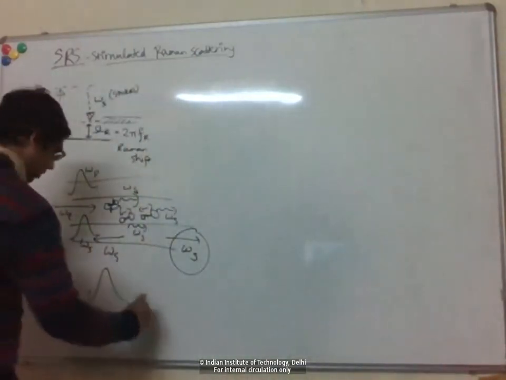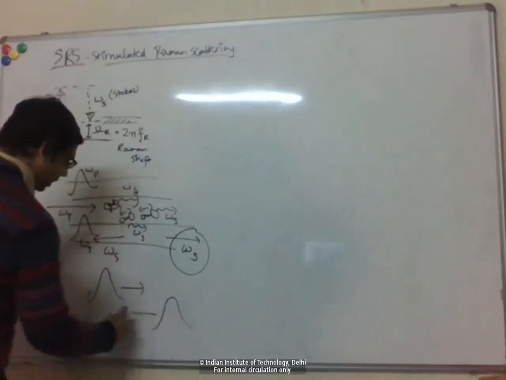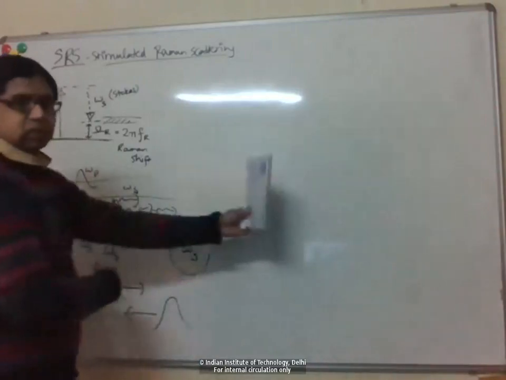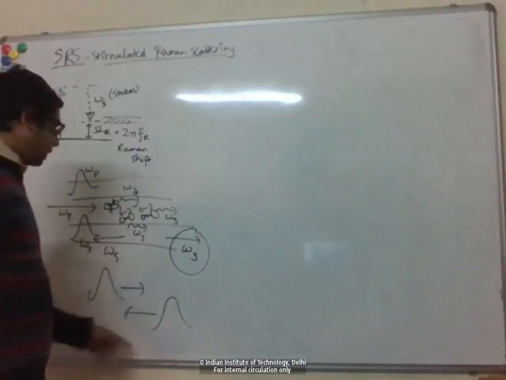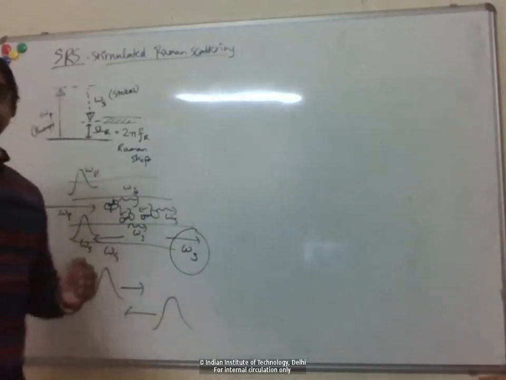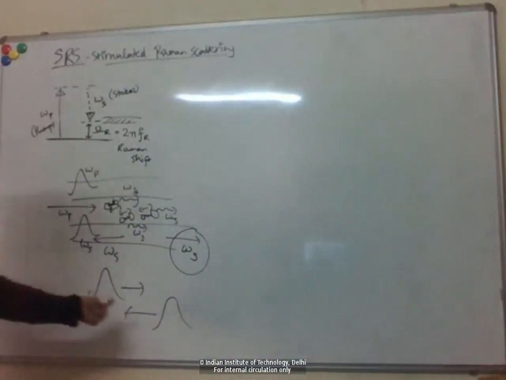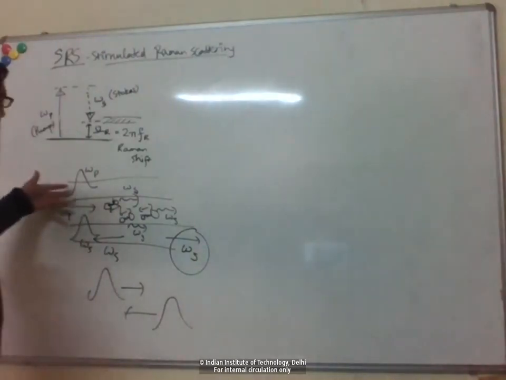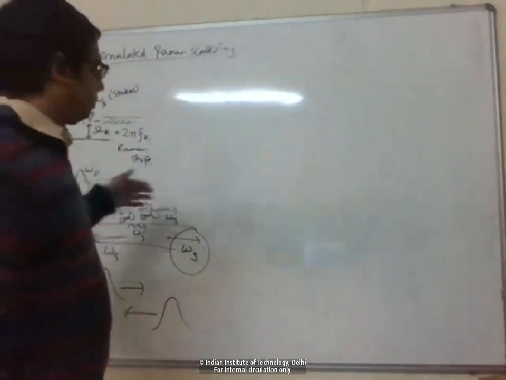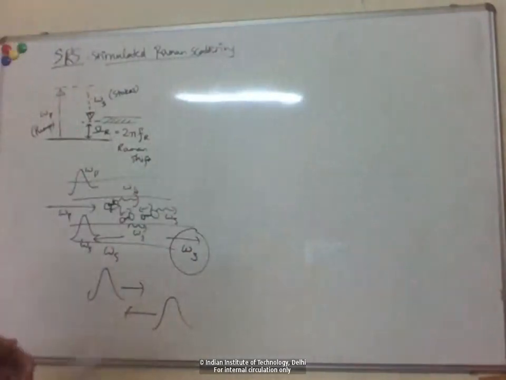Whereas if they're traveling in the opposite direction, you can see that they'll just interact for a very short time and then quickly pass over each other. So the backward interaction will not be that efficient just because of the finite interaction time. Whereas here, co-propagating will interact over sort of the entire length of the fiber.